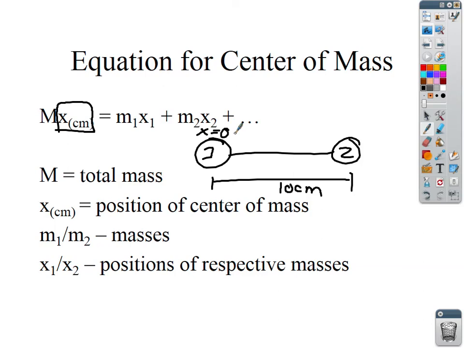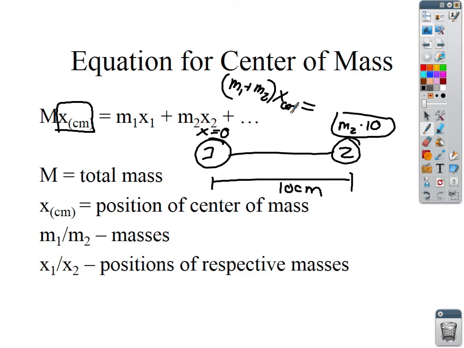Then you just take the mass of object 2 times 10, set that equal to m1 plus m2 times X_CM, and solve for X_CM, the distance. Where is the center of mass?